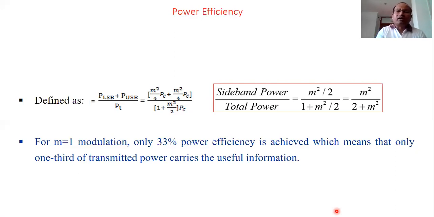So overall, the representation of the AM signal is an important method that gives the understanding of amplitude modulation, the concept of sidebands, power calculation, and the power efficiency calculation.